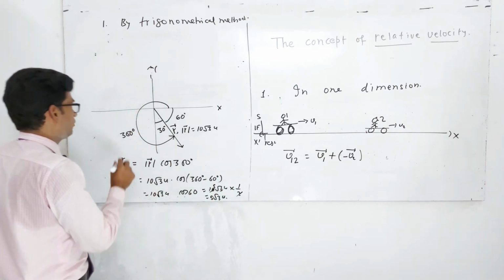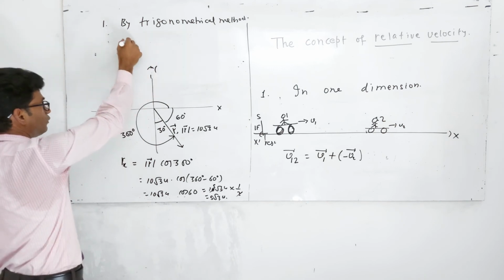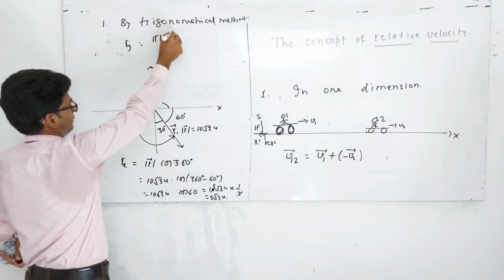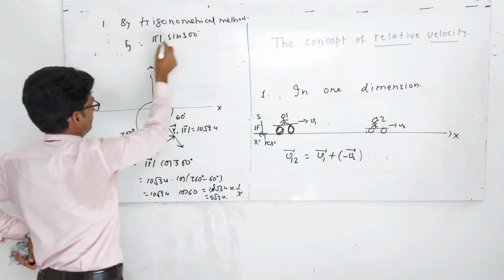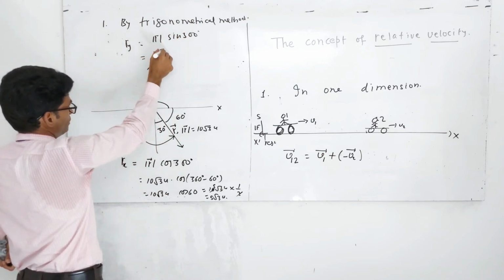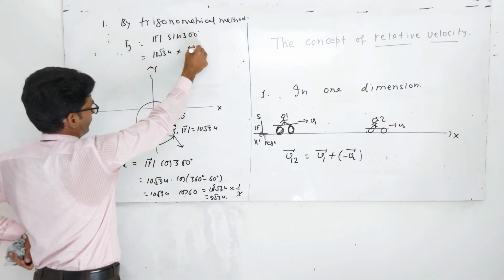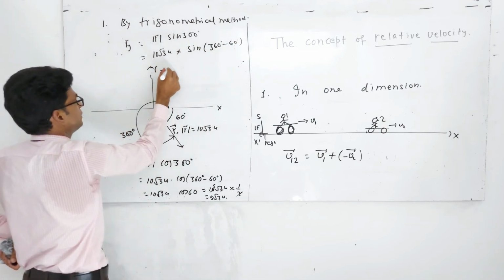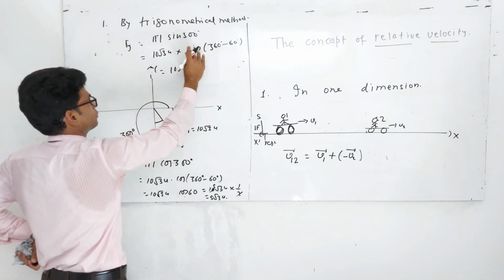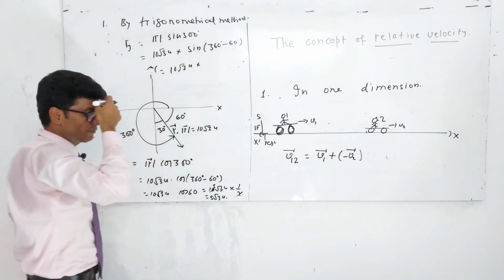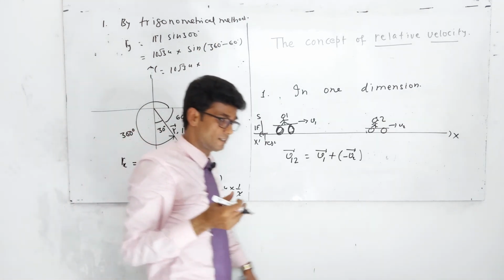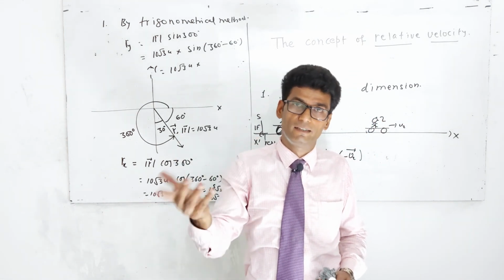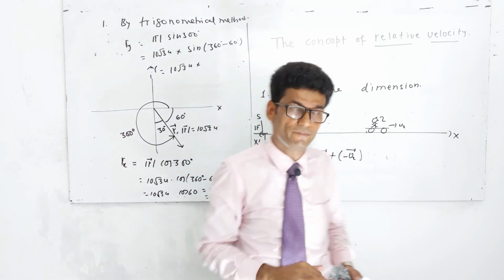Again in a similar manner, for the y component we only have to put the sign. The mod R sin 300 degree, so this is 10 root 3 unit times sin 300, which you may write as 360 degree minus 60 degree. For the 360 or 180 degree function, sin stays sin, cos stays cos, tan stays tan. But for the 90 or 270 degree function, sin becomes cos, and so on.